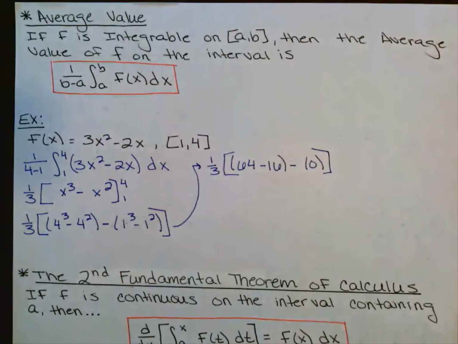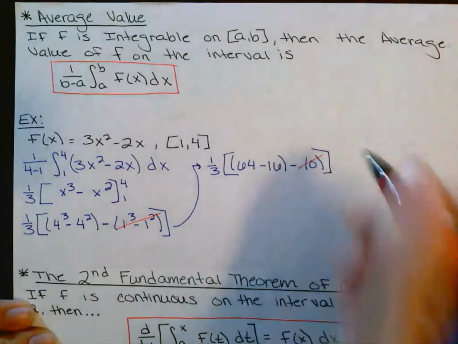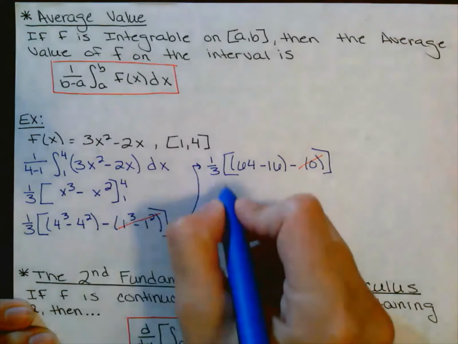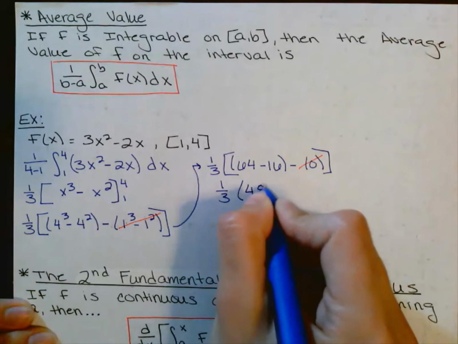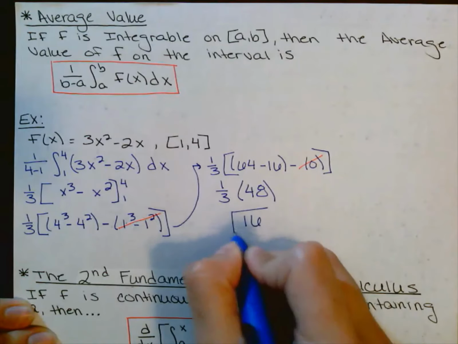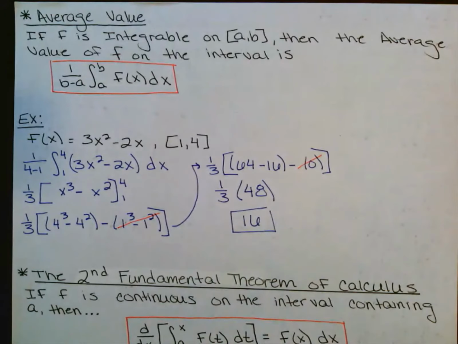So we can ignore that part. If you catch it early on, you can eliminate it here. 64 minus 16 is 48. So I have 1/3 times 48. And that gives me 16. The average value is 16.